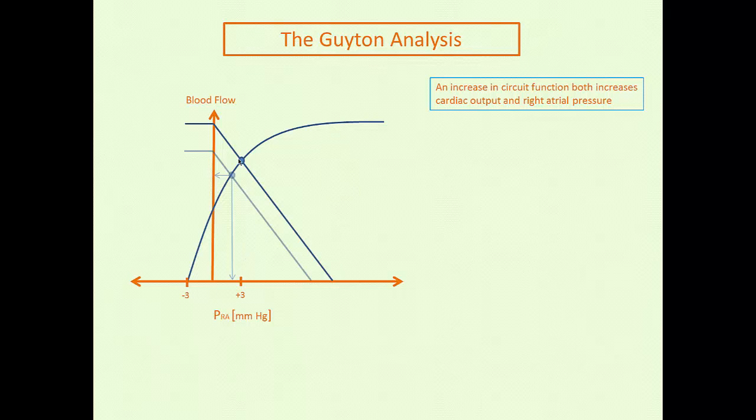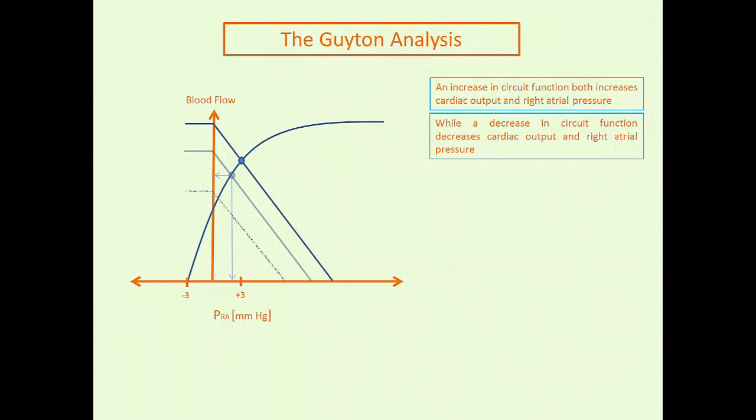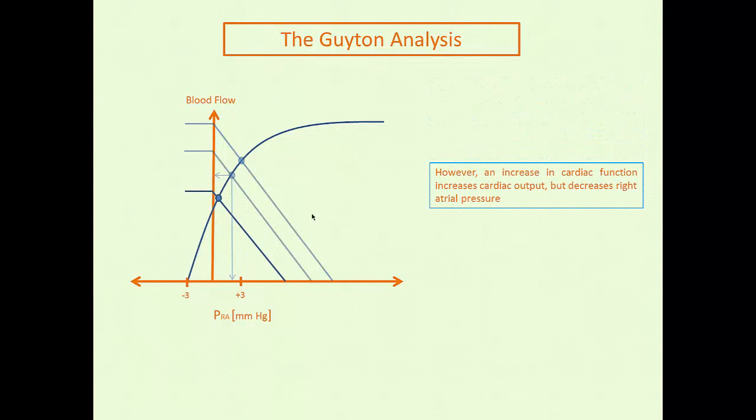And so this would be like fluid loading the patient, and I think this intuitively makes sense for all of us, that increasing the right atrial pressure here would increase the cardiac output. While a decrease in circuit function, so a decrease in the mean systemic pressure, so this patient, say, has bled out, they've decreased their stress volume, all the different causes of dropping your mean systemic pressure, as I talked about in the first part, you lower your right atrial pressure relative to the resting state, and you lower your cardiac output.